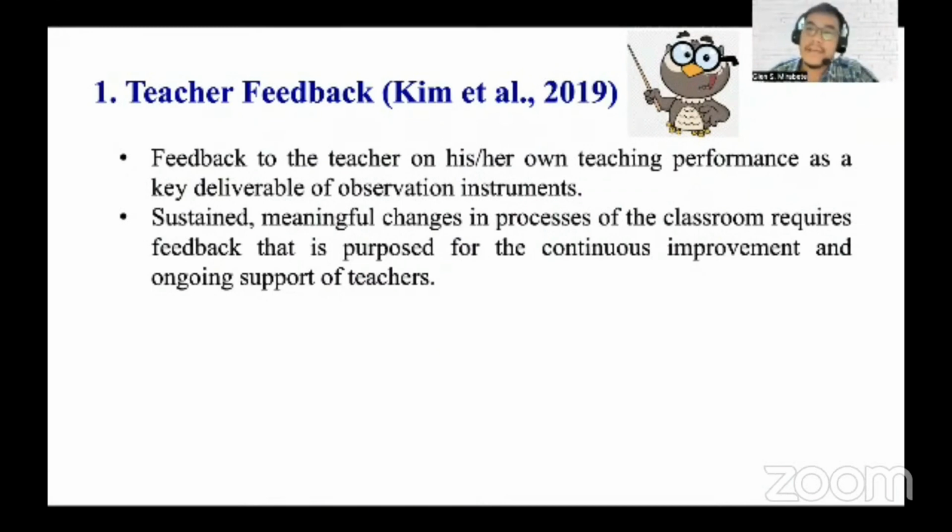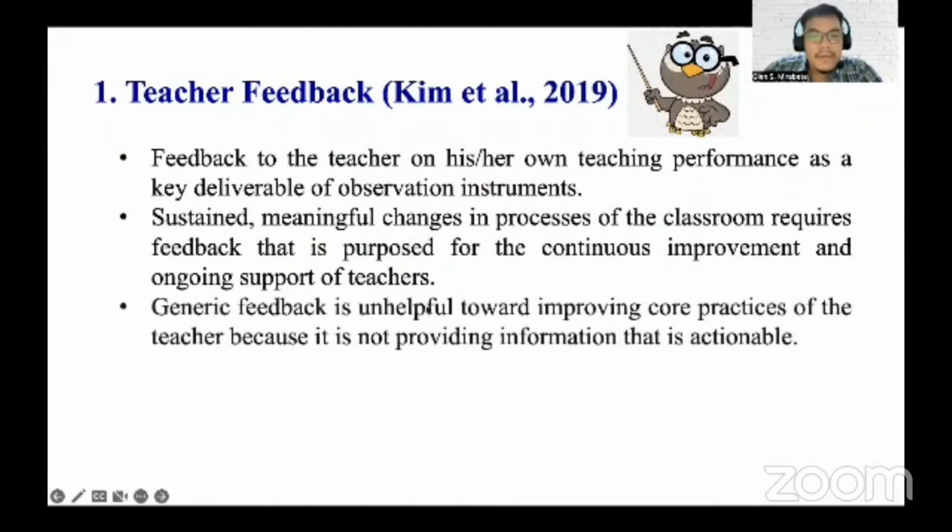From their experience, we can bank on that and apply it to our existing situation. But there are also ways to develop our standards or situations to achieve quality. Generic feedback is unhelpful towards improving core practices of the teacher because it does not provide information that is actionable.